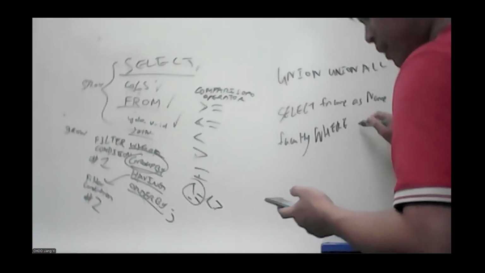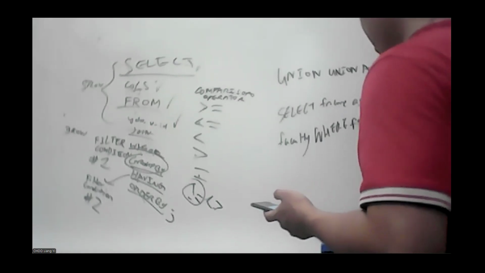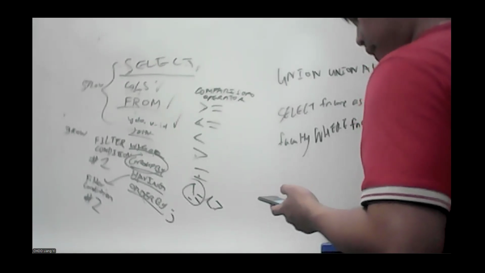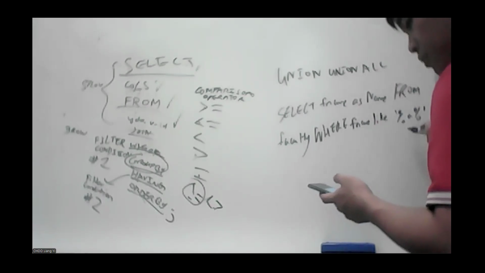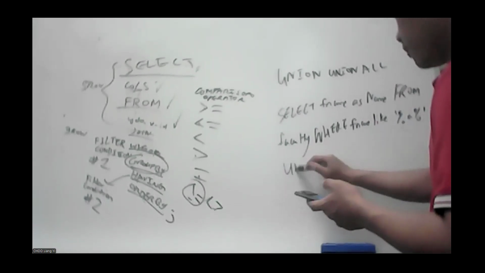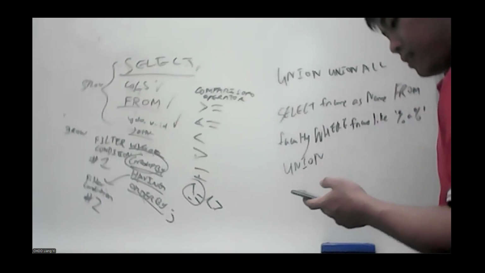You want to put f name or name also can. It doesn't really make sense; you define the thing, you just use name. But okay, sure, f name like percentage a percentage. UNION. So union is a keyword. I like to put it as uppercase.